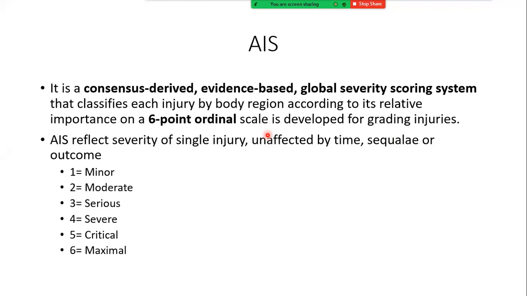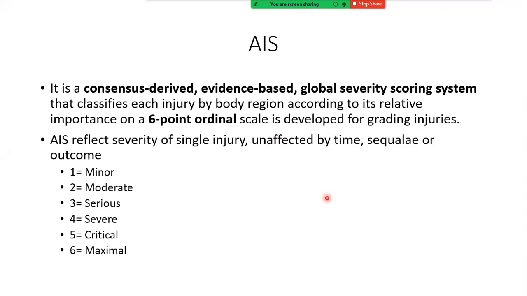Over time, you will see the humerus will heal or will go into non-union. It may get infected. The patient may land up in sepsis. But the AIS score for that particular patient will be the same throughout. It is not affected by time. So for every injury, only one score can be given, and it will be given based on what initial injury has occurred, not the sequelae of it.